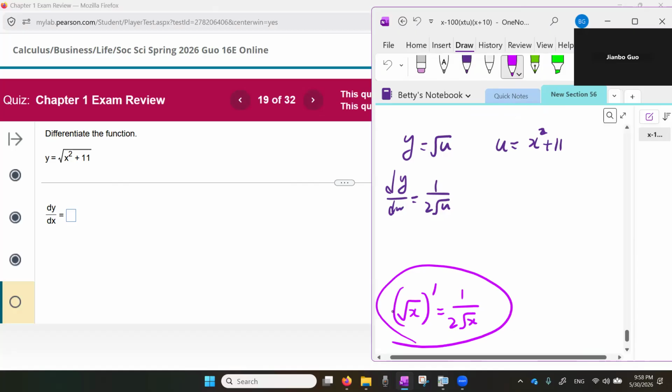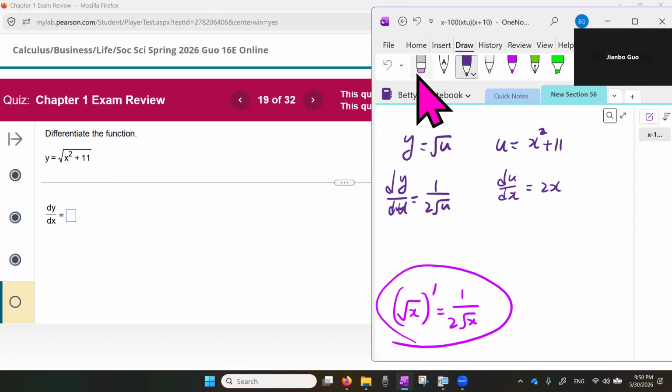It is so important, so frequently used. You should memorize it, okay? That's why I know the derivative of y with respect to u, dy/du, is 1 over 2 root u. And du/dx, 2x plus 0, so 2x.